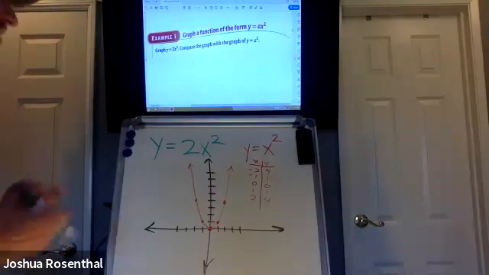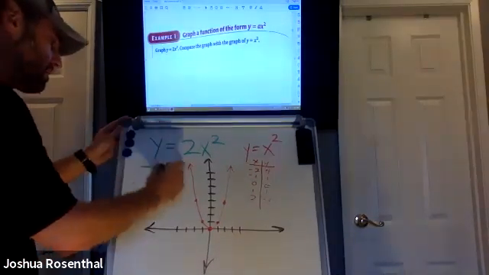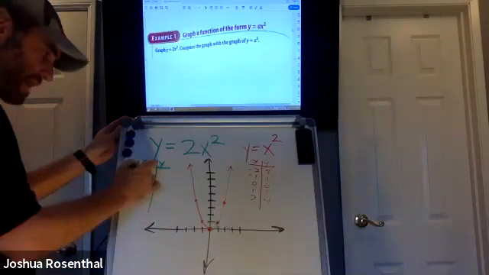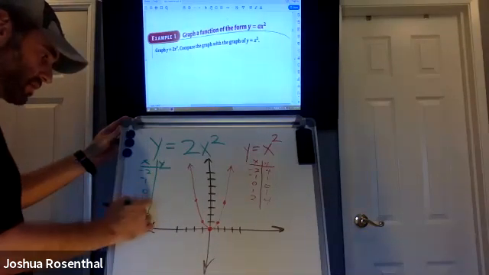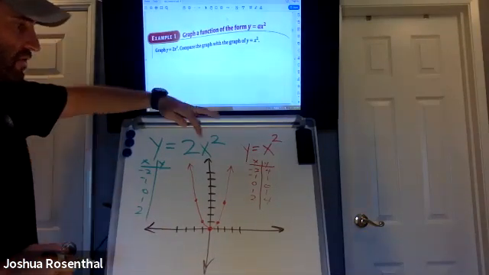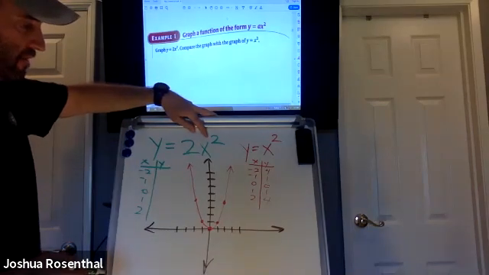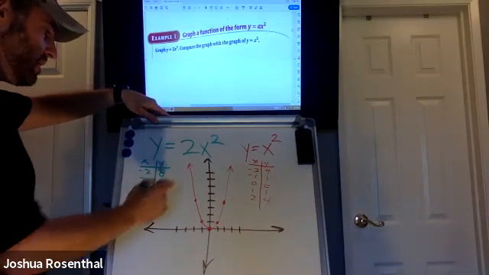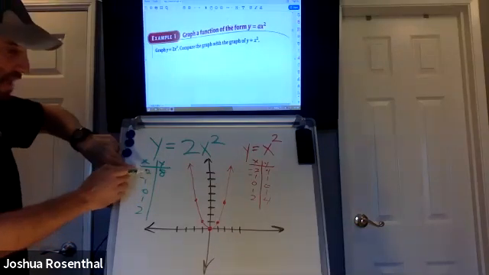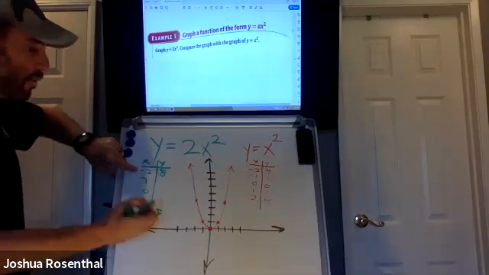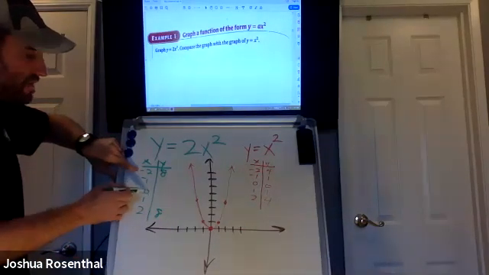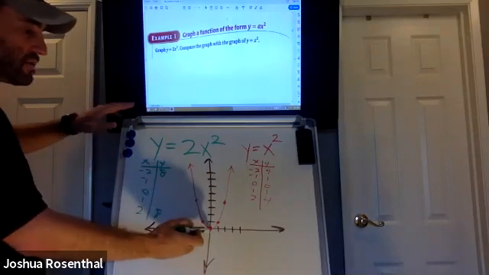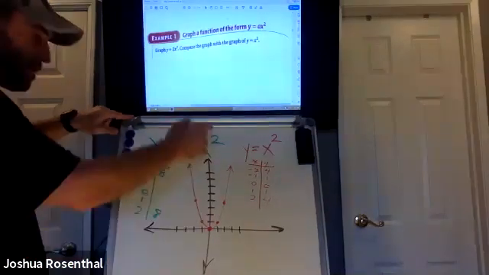Now I'm going to graph this one. And I'm going to do negative 2, negative 1, 0, 1, and 2. Negative 2 squared is 4. 4 times 2 is 8. Watch what I do here. Now I know that positive 2 is 8 only because I know that 0 is the center. X equals 0 is a vertical line.